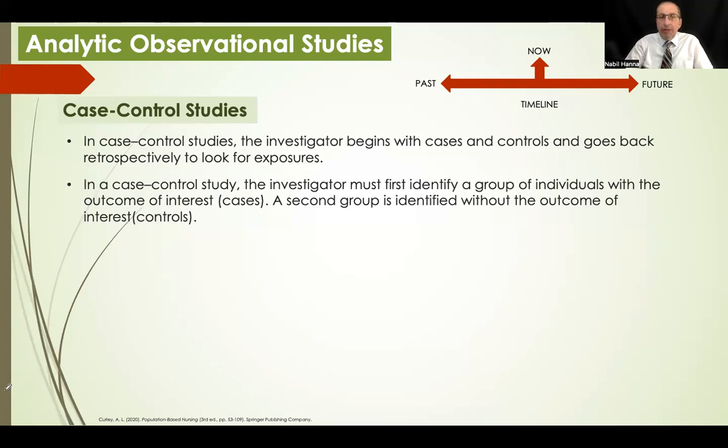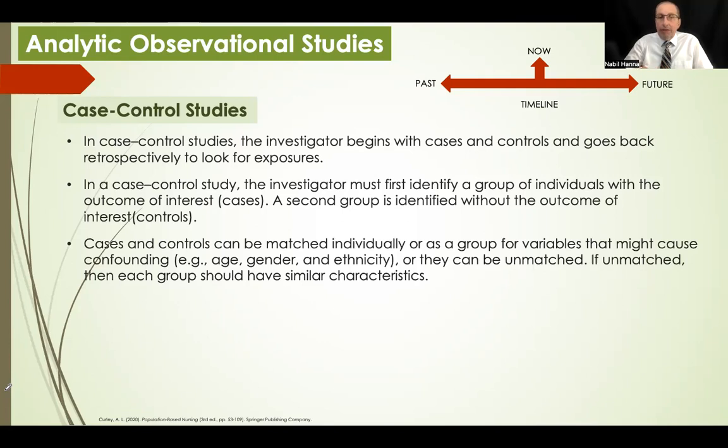In a case control study, the investigator must first identify a group of individuals with the outcome of interest, which will be considered cases. A second group is identified without the outcome of interest and will be considered as the controls.